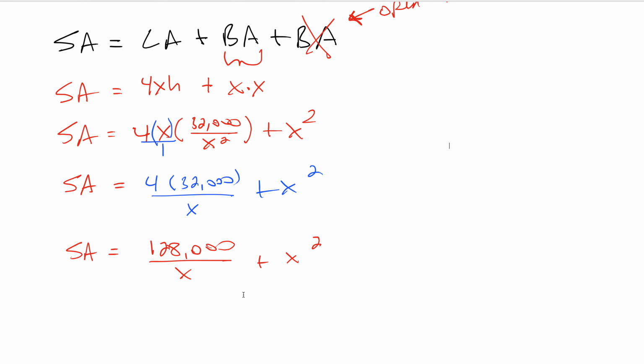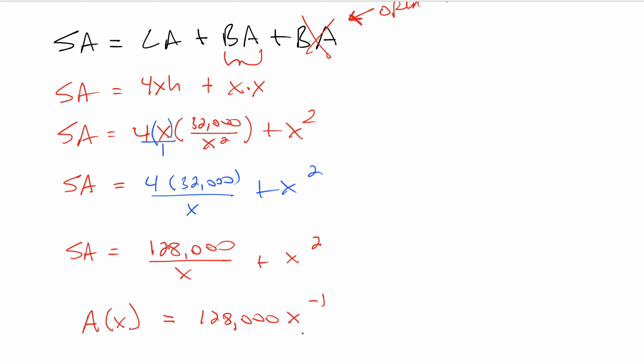Okay, so this is some sort of graph. I don't know what this graph looks like. We could graph it. I'm not going to. But I know that I could write this a different way. I'll write it as A, area, A as a function of X. Area as a function of X is equal to 128,000 times X to the negative 1, because we're not crazy people.